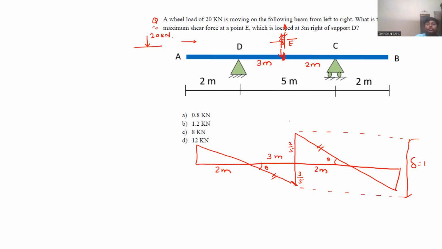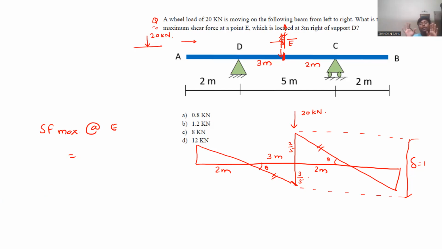Now we have to put this 20 kilonewton such that we will get the maximum shear force at E. So if you put your 20 kilonewton at this point, E point, what is the maximum ordinate? This will be 3 by 5.